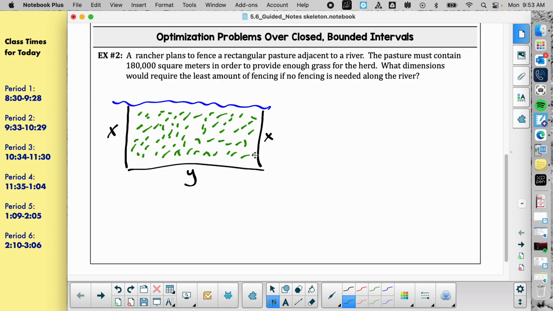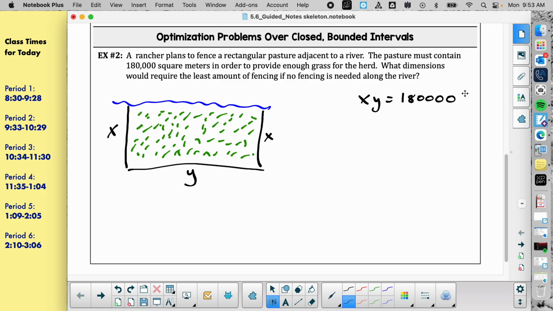It's the same problem, just with 180,000 instead of 64. Okay. Why is that bad? If you'll notice, a lot of the questions in our packet do that. They keep the same situation, but then change it around or find something different. So area is 180,000, so x times y is 180,000.